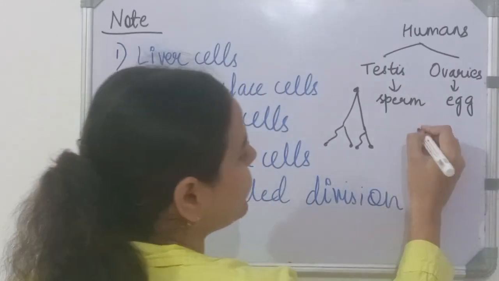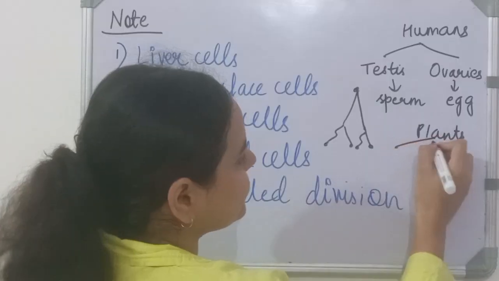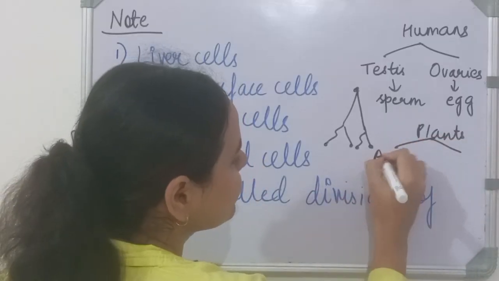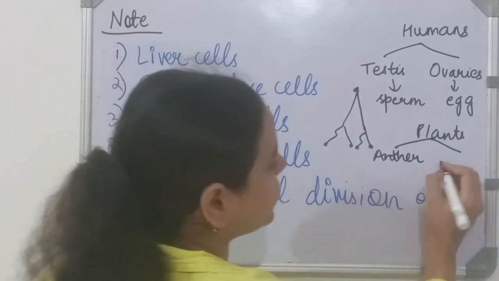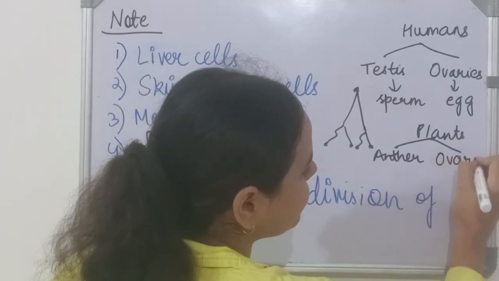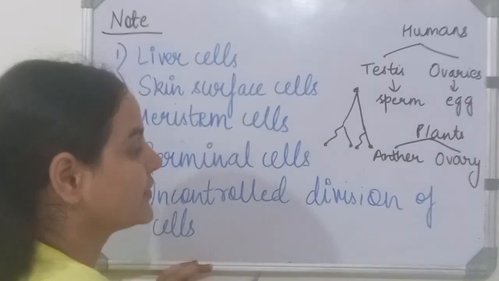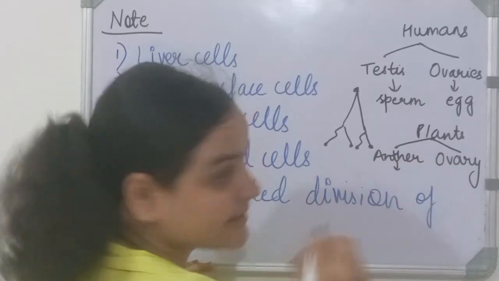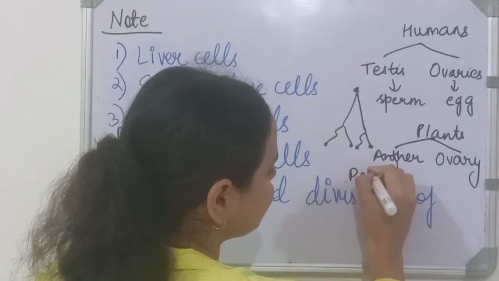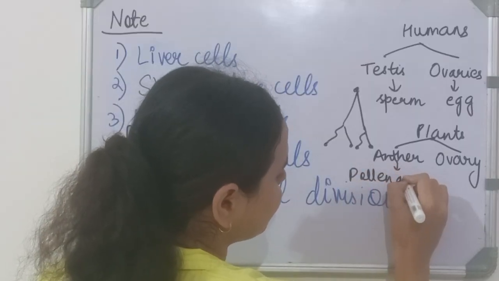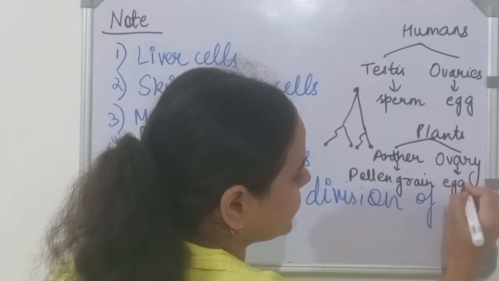Now in case of plants, the germinal cells are anther in case of male, and again ovary in case of female flowering plant. So this anther produces sex cells, which are known as pollen grains, and this ovary again produces egg.